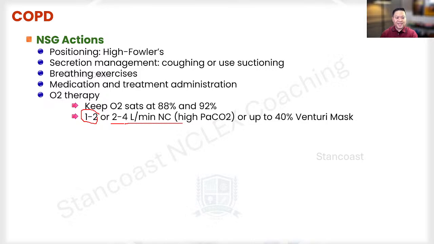This is only indicated when they have higher PaCO2 just for a brief period. We don't want them to keep using this range. Our goal is to have them use the low flow oxygen. Now we also have to make sure that they're using the Venturi mask 40%, and this is the safest way of delivering the oxygen for this patient.